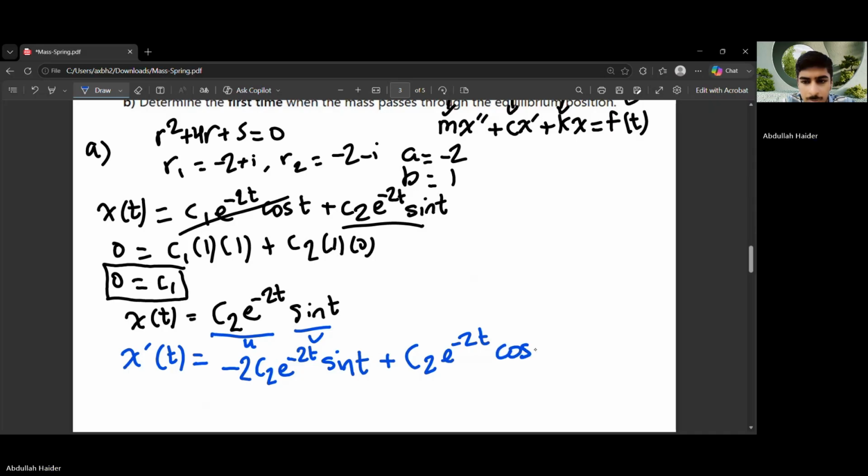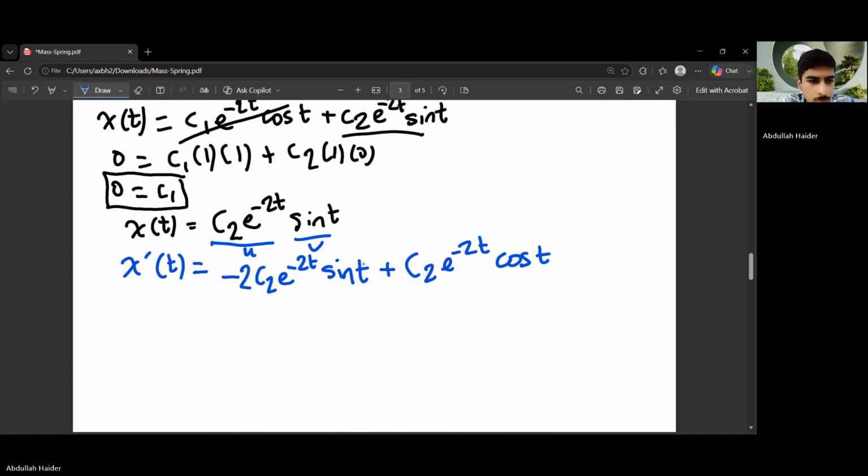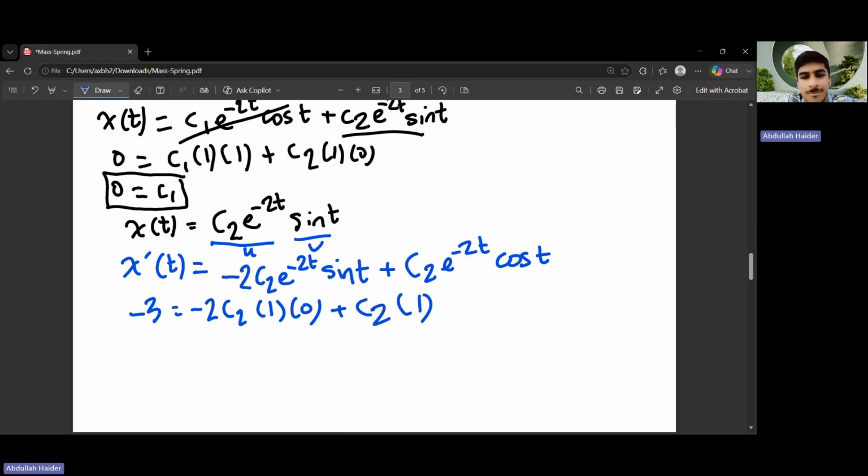Plus C2 e power minus 2t cosine t. Now you can apply the initial condition. X prime 0 equals negative 3. Negative 3 equals minus 2 C2 times 1 times sine 0, which is 0, plus C2, putting 0 here is 1, cosine 0 is 1.